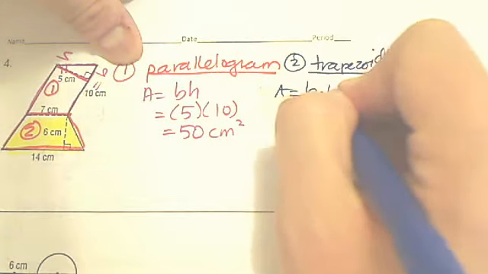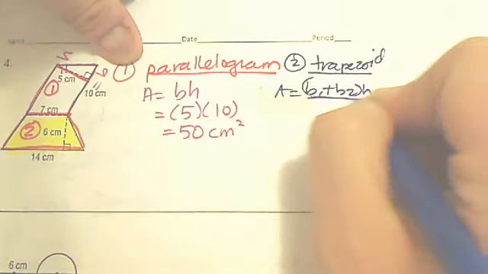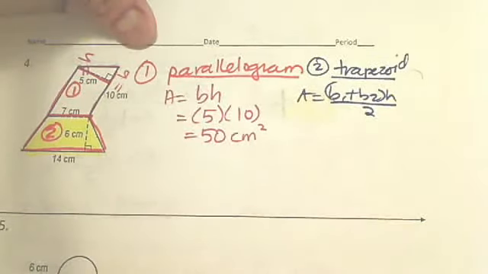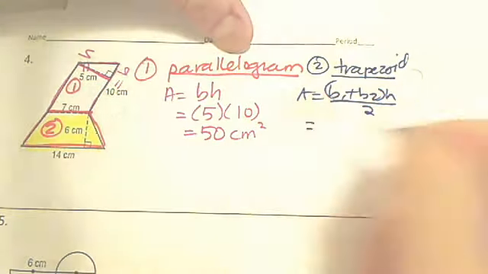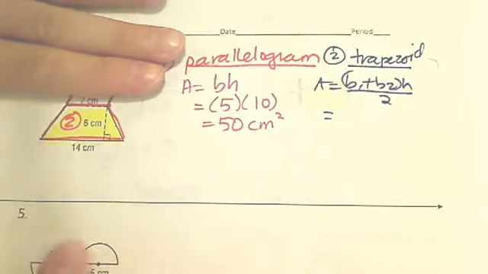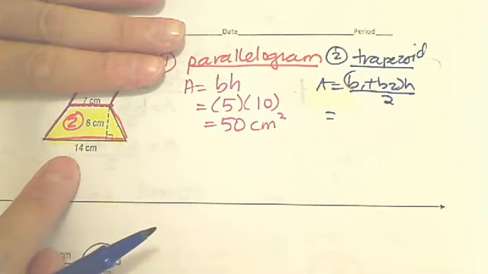The two bases are different sizes because one is shorter than the other. If they're both equal, then it will be a rectangle. So look at only the second one.